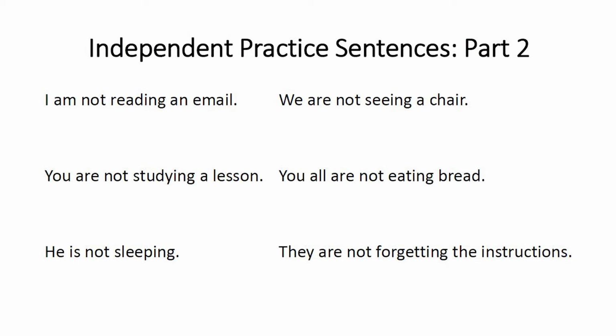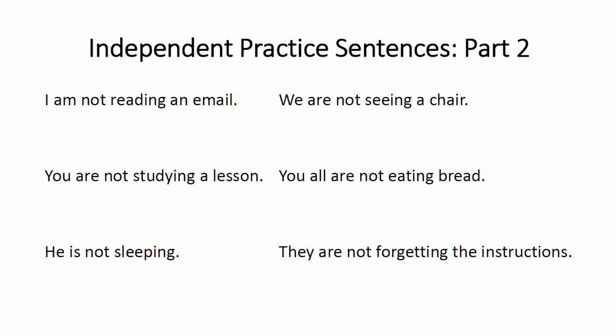This independent practice sentence section part 2 says, I am not reading an email. You are studying a lesson, or you are not studying a lesson. He is sleeping. He is not sleeping. We are seeing a chair. We are not seeing a chair.